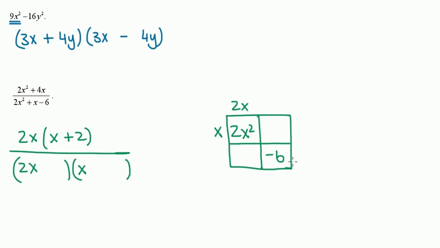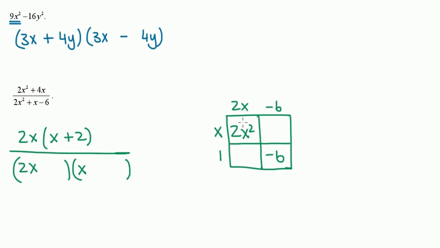Factors of minus 6. I have to think about what factors of minus 6 are going to work so that when we check the inside 2 and the outside 2, or when we check the 2 empty boxes inside the square, we will get plus x. So for example, I could try minus 6 and 1 because they multiply to give me minus 6.